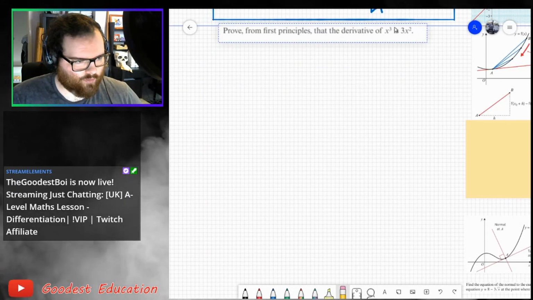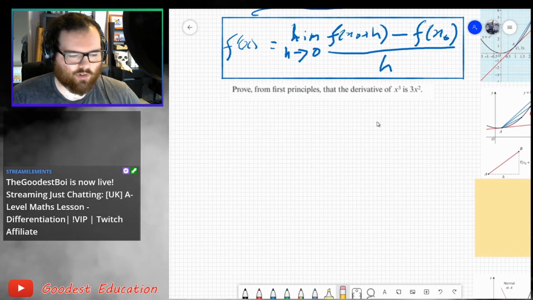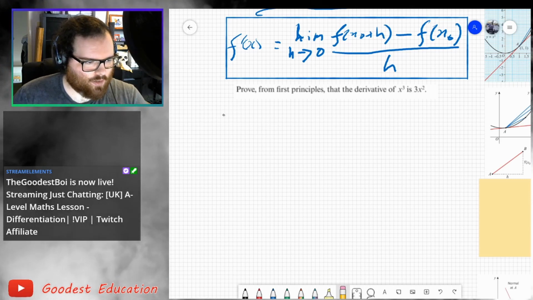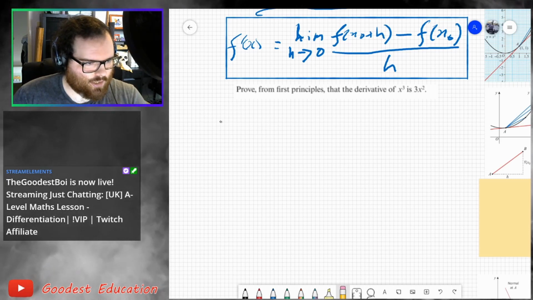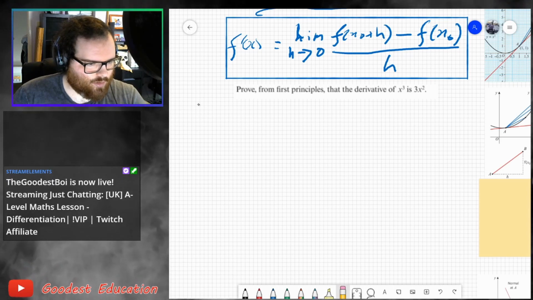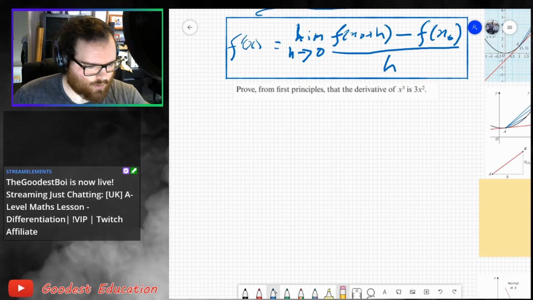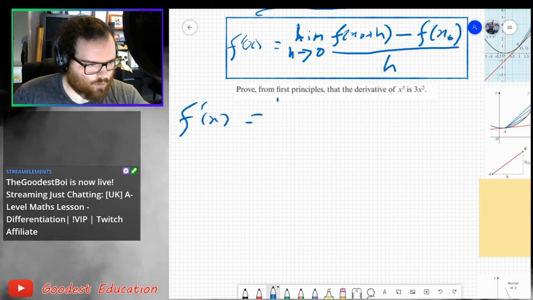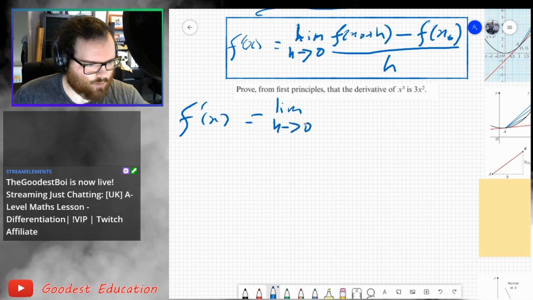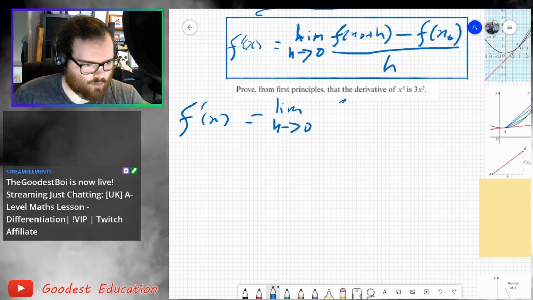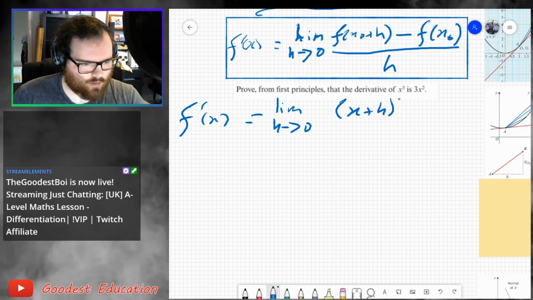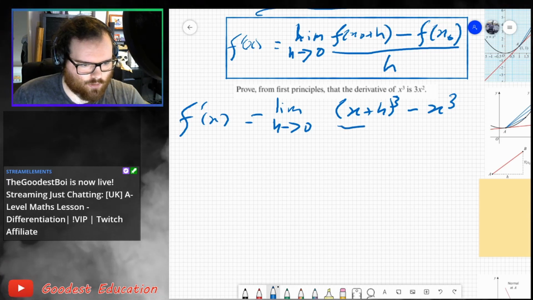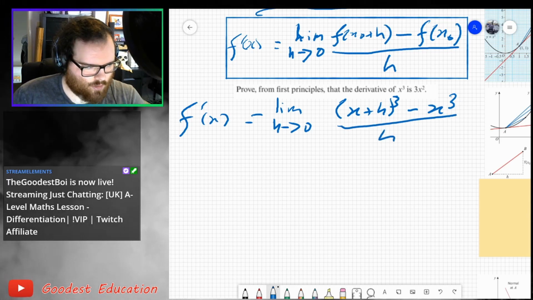So let's prove from first principles that the derivative of x cubed is 3x squared. So using this again, let's use f of x this time. f prime of x is equal to the limit of h going to 0 of x plus h cubed minus x cubed all over h.